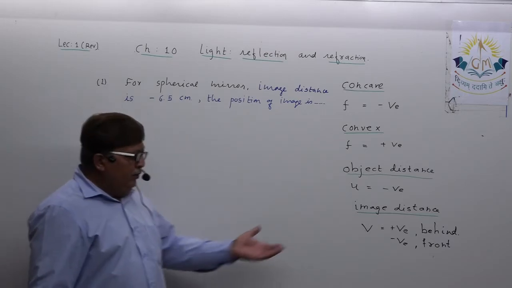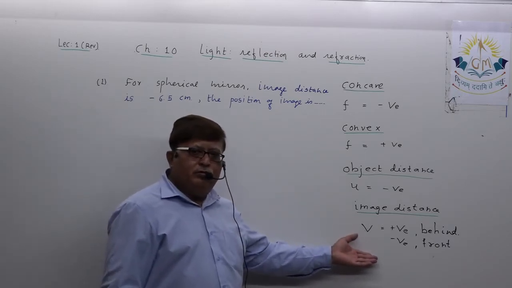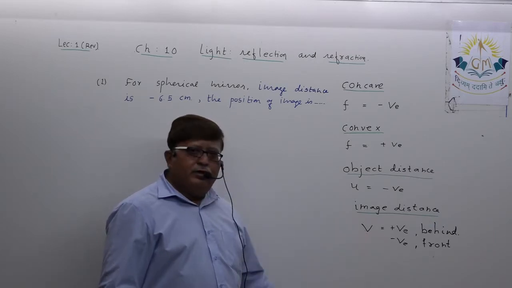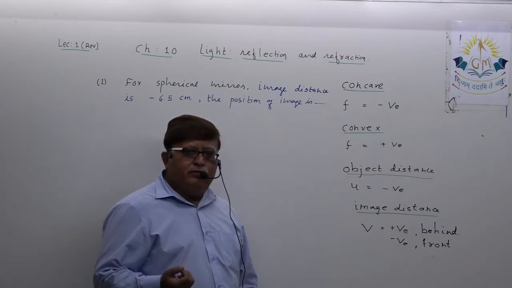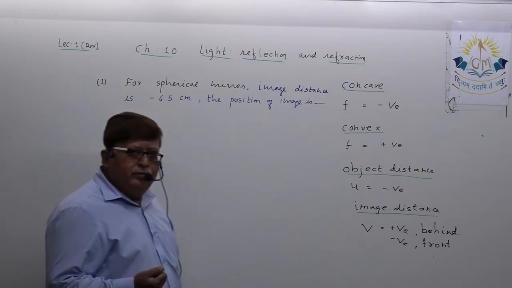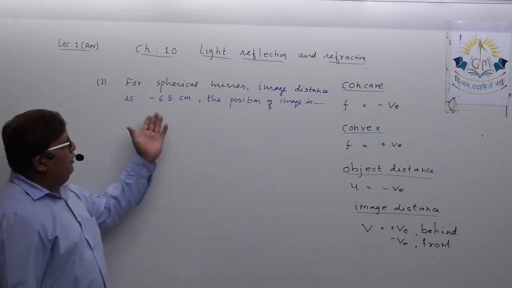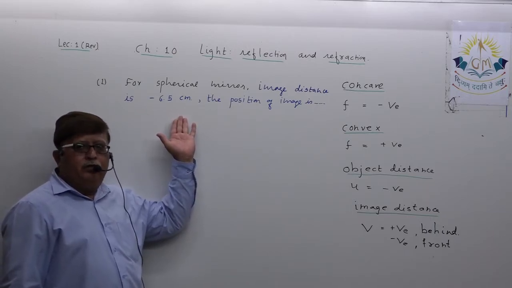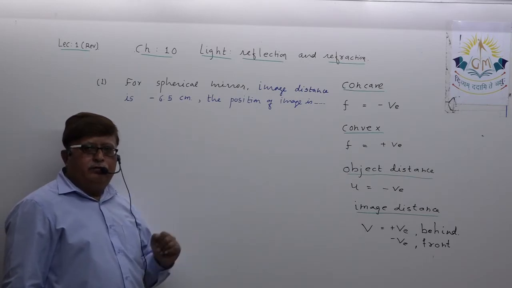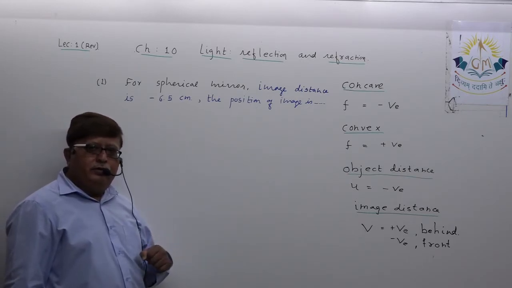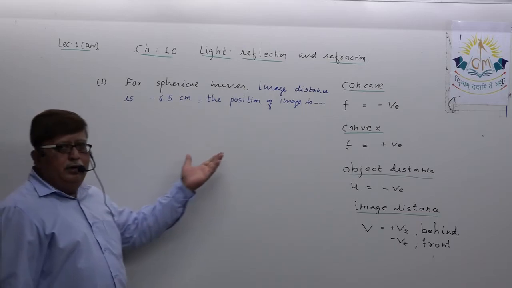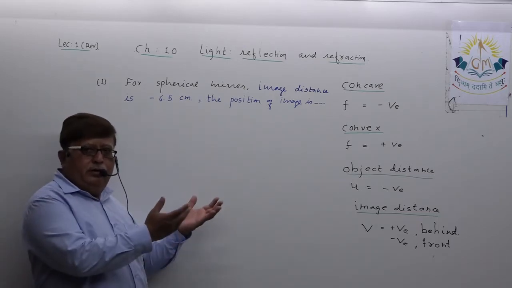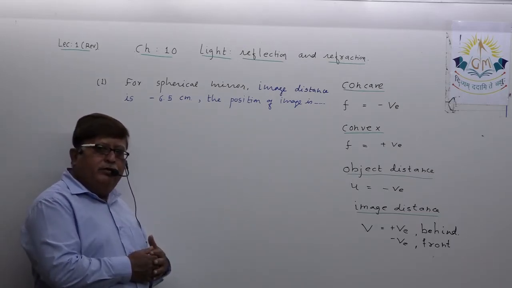Obviously, when you are conceptually sound, image distance negative means the image is formed in front of the mirror. So what can be your answer? Image is formed at a distance of 6.5 centimeter ahead of the mirror, in front of the mirror.